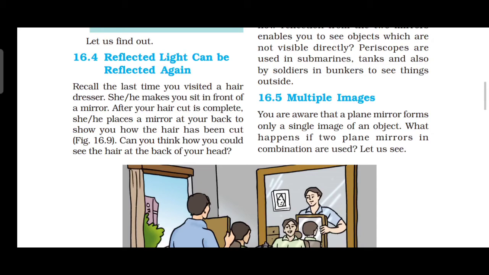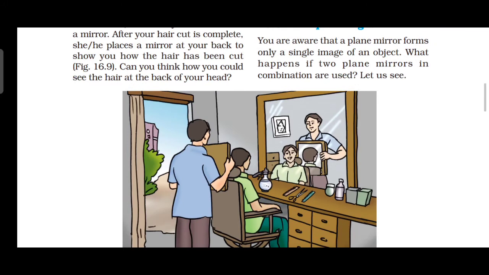You are seeing the image of yourself using a mirror, right? After your haircut is complete, what will you do? He or she holds a mirror behind you to show what? Your hair. See the picture? They are showing a mirror to see your backside, right?